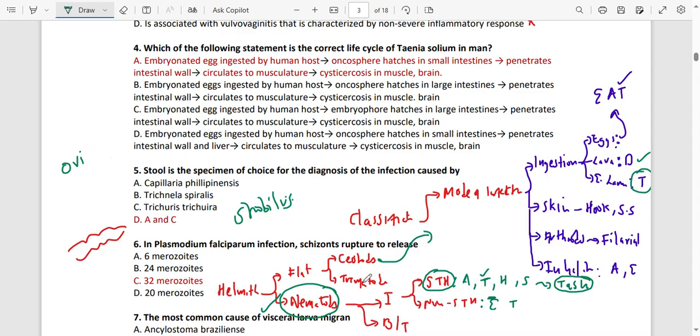For cestodes, they have got no GIT. The trematodes have got a GIT but it's incomplete. They have got a mouth but they don't have an anus. Another thing is that the trematodes have got suckers on the head but no hooks, different from the cestodes which have got both suckers and hooks. So that is a very nice thing we need to take note of.